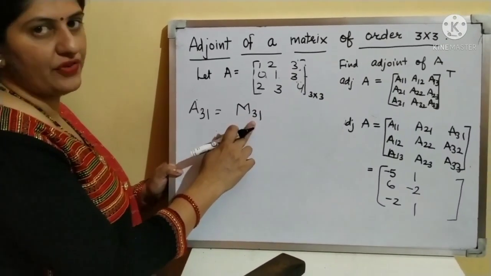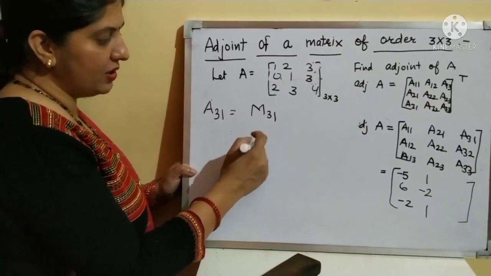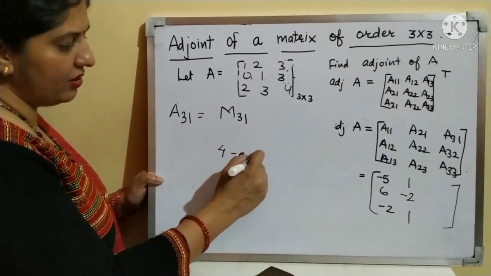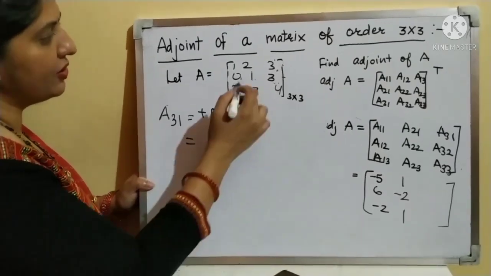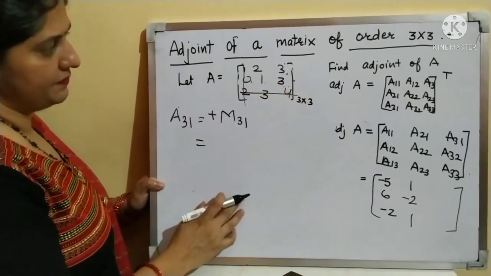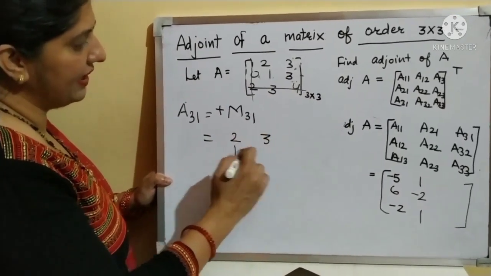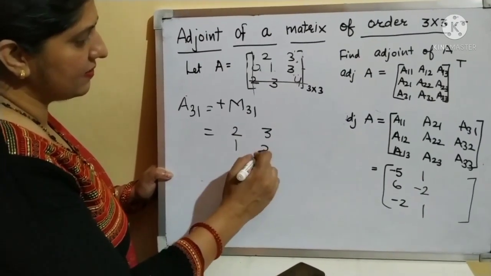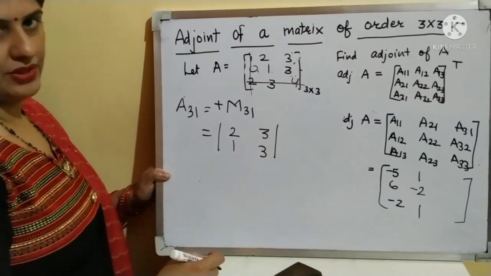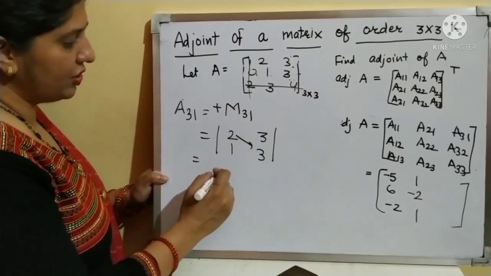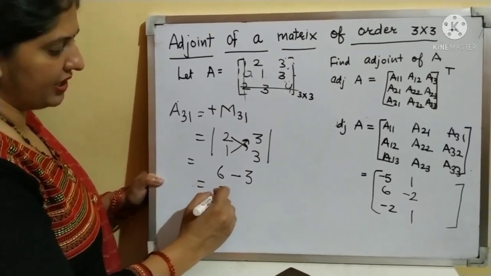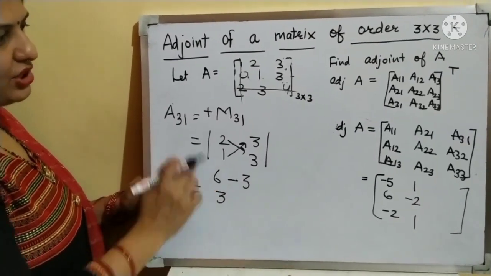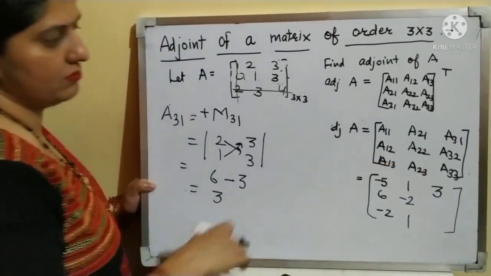Take the sign positive or negative. 3 plus 1 is 4. 4 is even, so sign will be positive. Delete third row and first column. Write all other entries as it is and take the determinant. We get 3 twos are 6 minus 1 into 3, 3. We get 3. So A31 is 3.